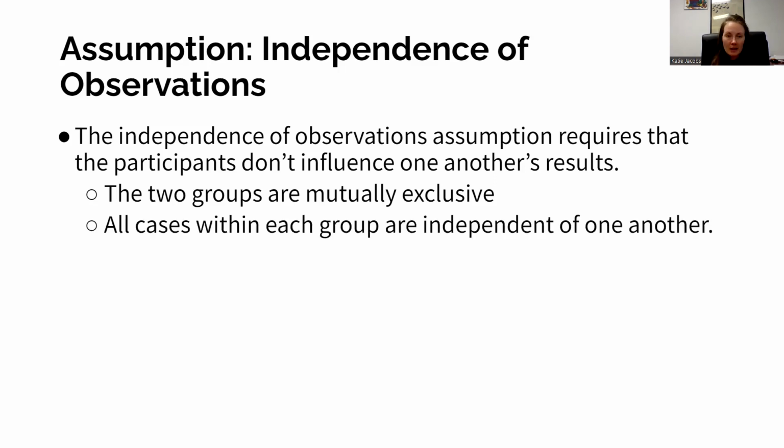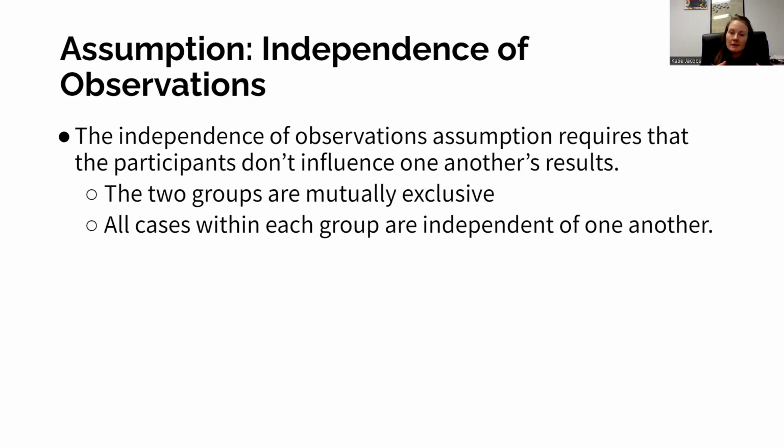Another way that we look for this is that all cases within each group are independent of one another. We believe that we meet this assumption as long as we don't have any reason to believe that someone was influencing someone else's score. So if I was giving a final exam in a class and one of my students shared their answers with everyone, those cases would no longer be independent.